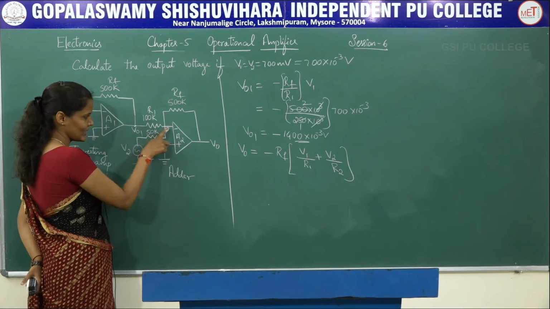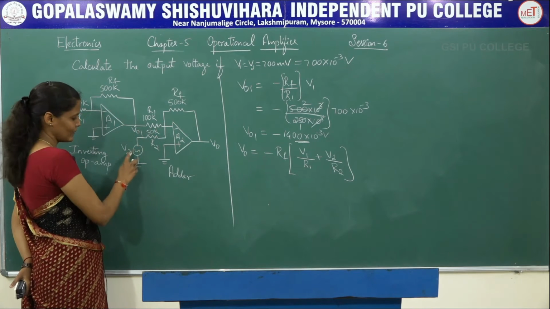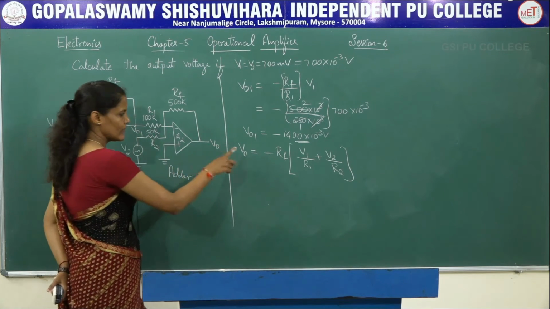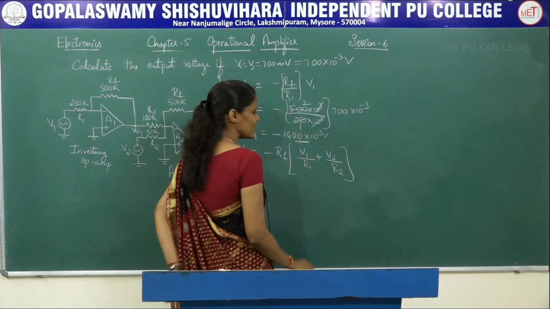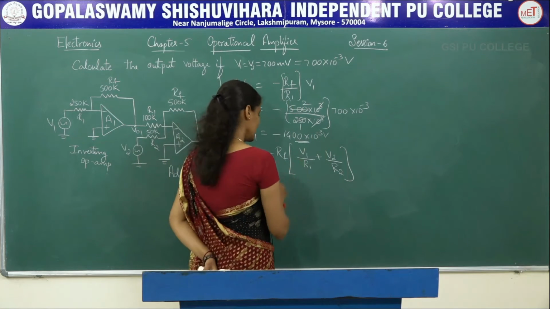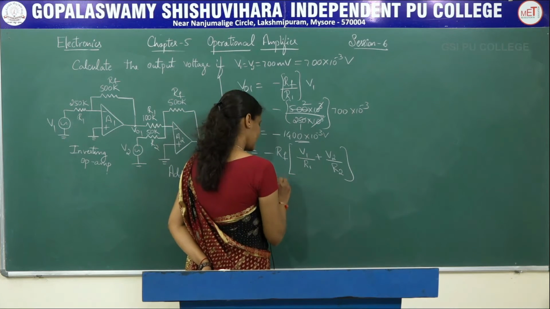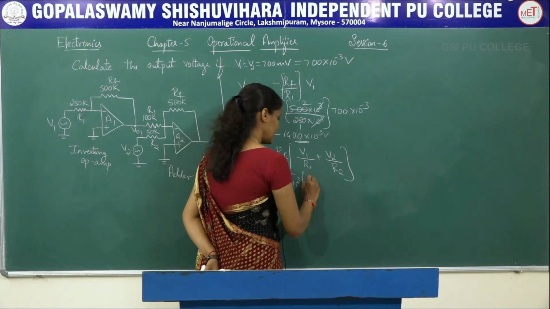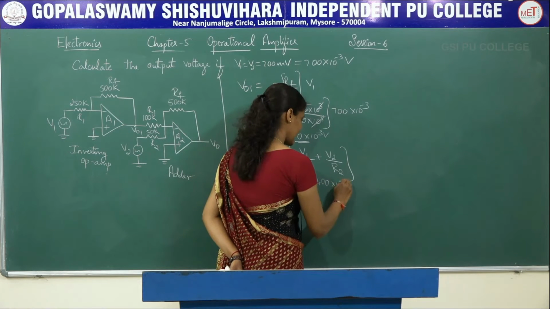This V01 is being applied to the inverting input terminal, and V2 is also applied to the inverting input terminal. So this V01 is V1 and the 700 millivolts is V2. So let us substitute. Rf is equal to minus 500 into 10 to the power of 3. V1 value is minus 1400 into 10 to the power of minus 3.